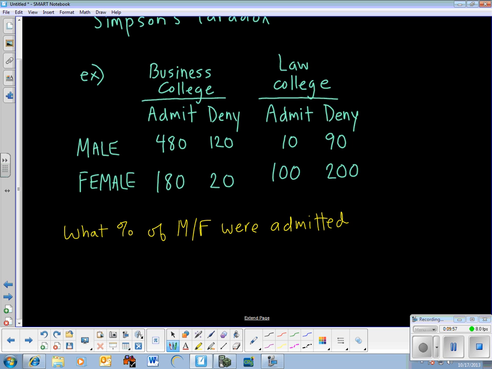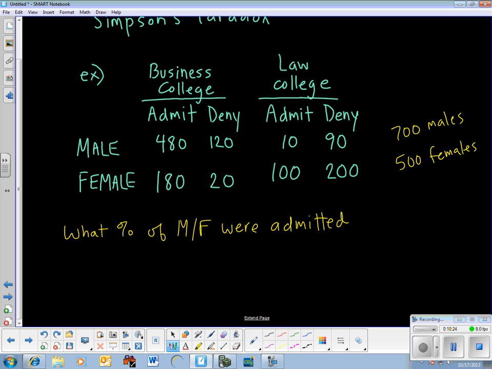Okay, so overall, putting both schools together, let's see, 480 and 120 males applied to the business school, so that makes 600. And with these other 100, we had 700 males apply to this university. We had 200, 300, 500 females apply to the university.